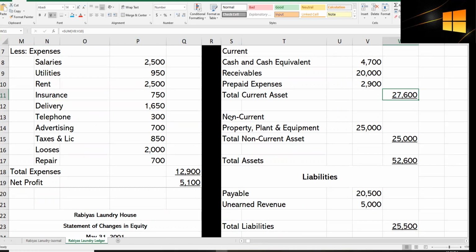Kapag nakakita po kayo ng mga financial report ng mga malalaking kumpanya, sa sobrang dami po nila mga transactions pero nakalagay lang po doon is either 2 o 3 current asset at saka 2 o 3 rin na non-current asset. So ganyan lang po. Pero basahin niyo po yung notes to financial statement and makikita niyo po na ang kapal-kapal po nung kanyang mga notations or annotations na andun po yung lahat ng explanation. Because of what?